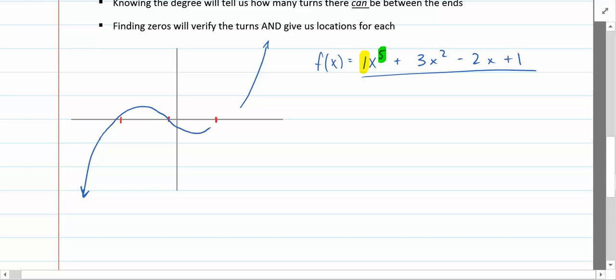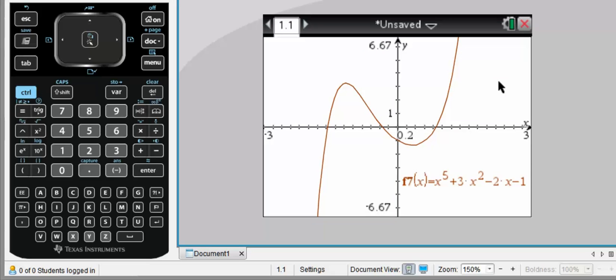If I know that this graph has to cross between those roots, then I'll have an even better picture of what the graph is. And here's an example of what that graph would look like after going to the graphing calculator. It does decrease as we move to the left, and it does increase as we move to the right. In this case, we had some slight bends here in the middle.